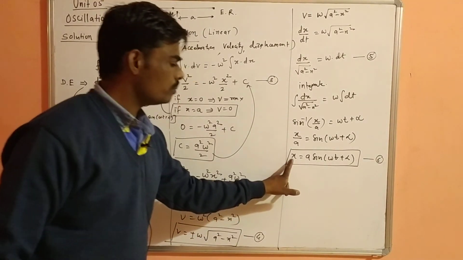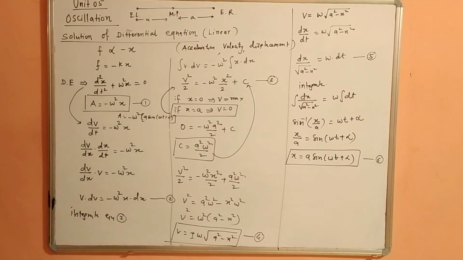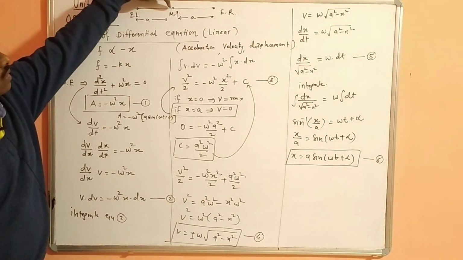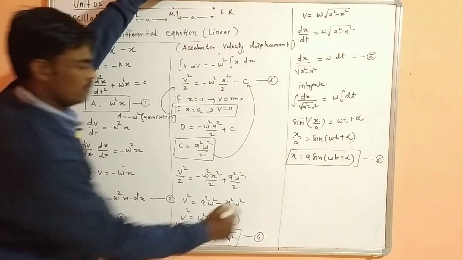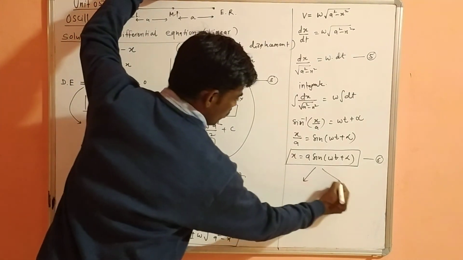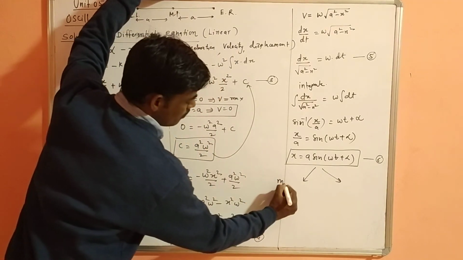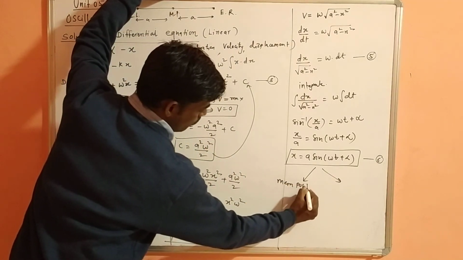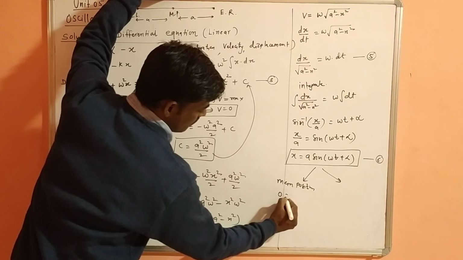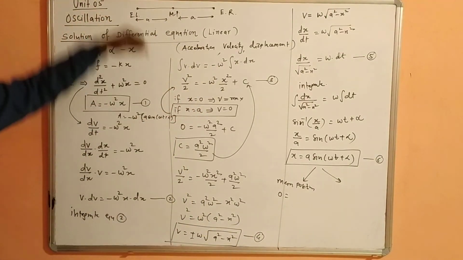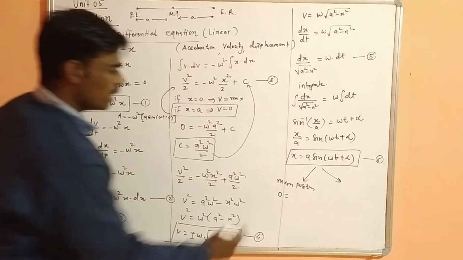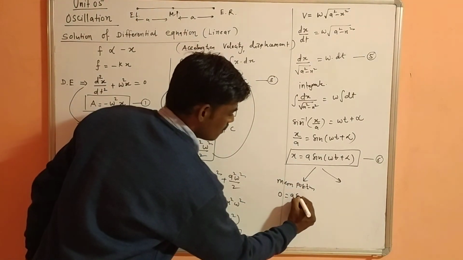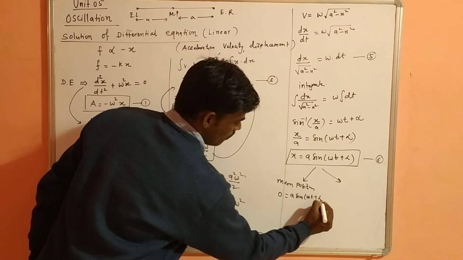Now remember here, what happens if the particle starts SHM from mean position? If particle starts SHM from mean position, the value of x becomes 0 because particle is starting SHM from mean position. So what we can write, 0 is equal to a sine omega t plus alpha.